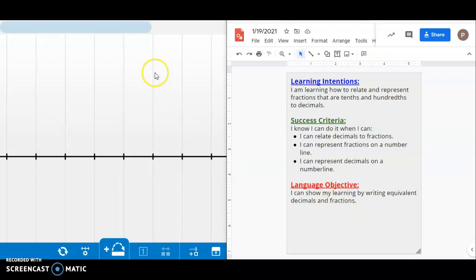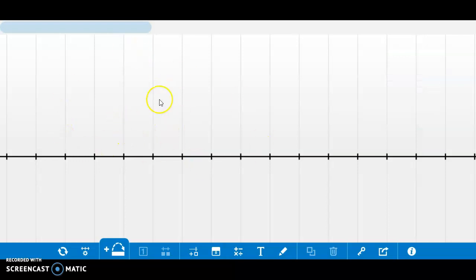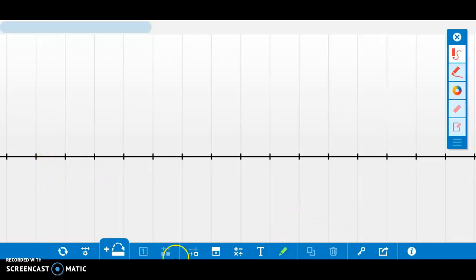Now, as you can see, I have a number line here, but there's nothing on it. So I'm going to start writing using my writing tool, and I'm going to put in a 0, and a 1. So this is 0, this is a 1, but I have all these lines in between.